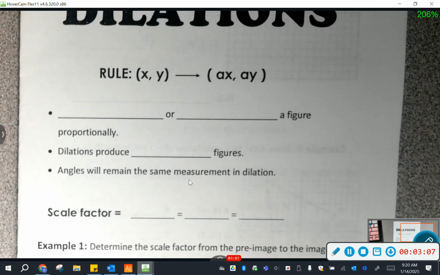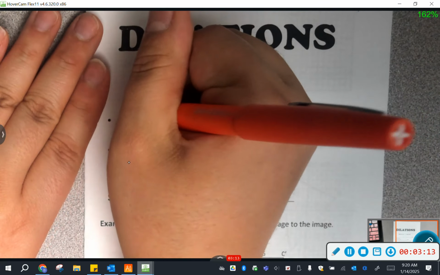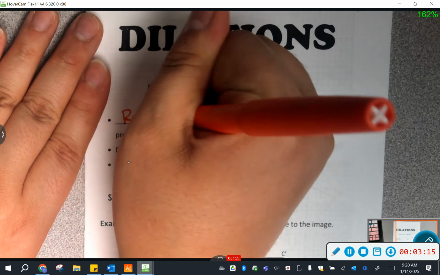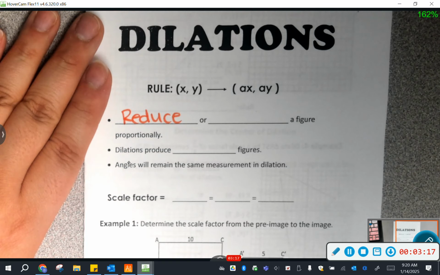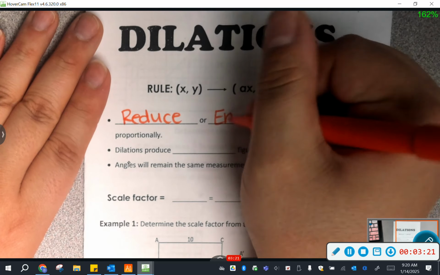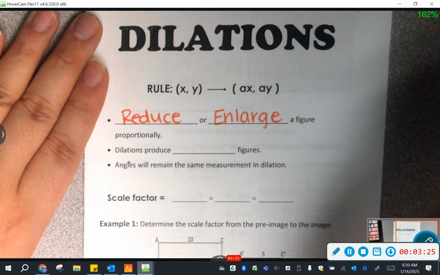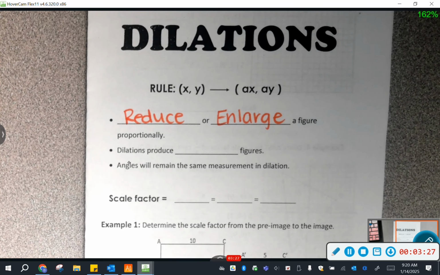So before we do anything, what does dilations mean? To reduce or enlarge a figure proportionally. If everybody can shut their computers and write this down.